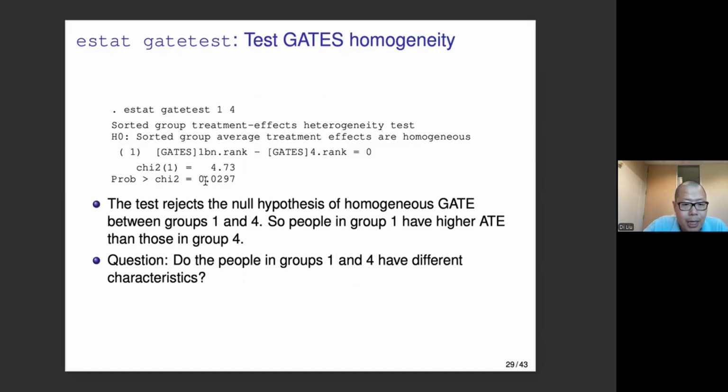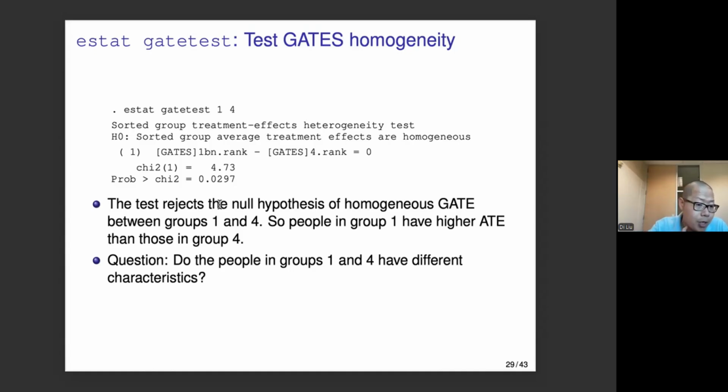Again, we reject the null. This test rejects the null hypothesis of homogeneous GATE between group 1 and 4. So people in group 1 have higher ITEs than those in group 4. That means the data indeed discover groups where each group has different treatment effects.